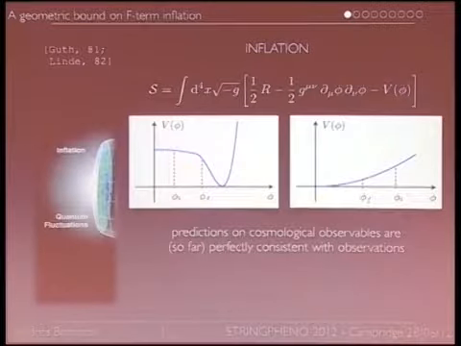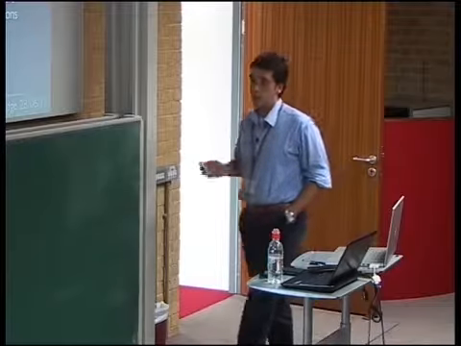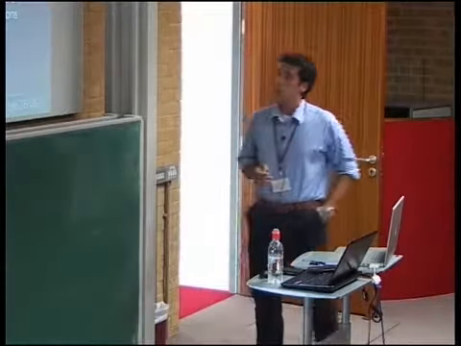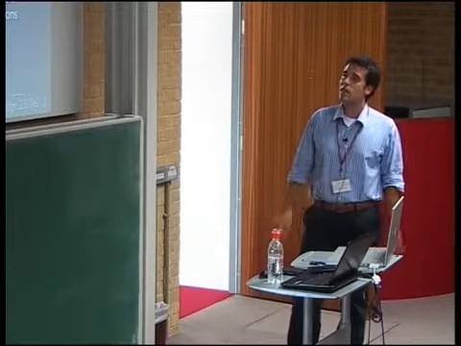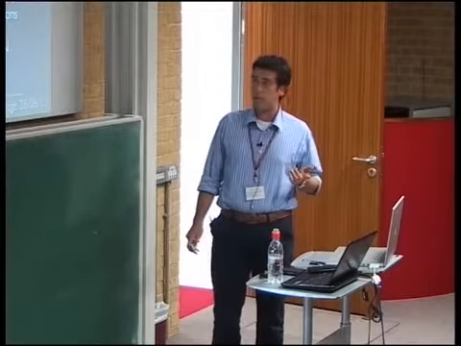So the simplest model, a scalar field coupled with gravity, already gives us correct predictions for the observations. Nevertheless, it's worth asking the simple question of whether it's possible to embed inflation in a UV complete theory.